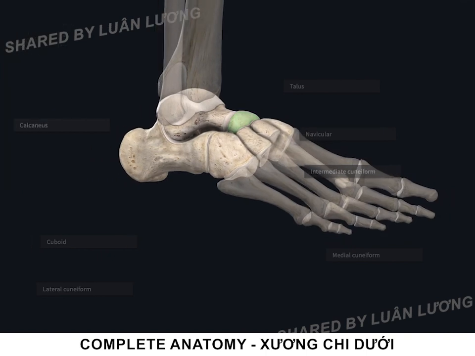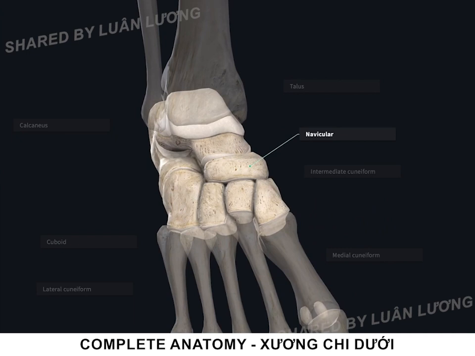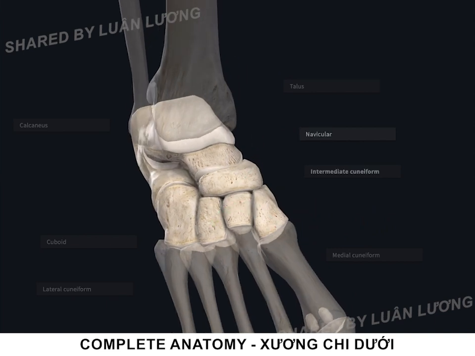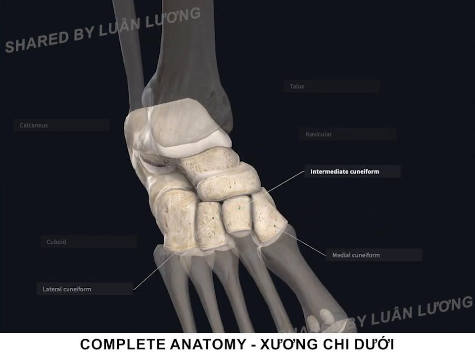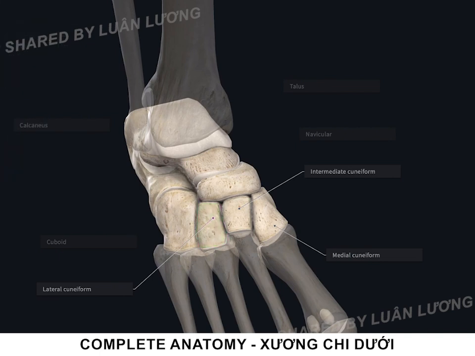Now, the navicular bone is going to be positioned on the medial aspect of the foot, and we can see that anteriorly it meets up with three more of the tarsal bones, and these are known as the cuneiforms. We have a medial cuneiform, an intermediate cuneiform, and a lateral cuneiform. Now, note that those references of medial and lateral are related back to the midline of the body.